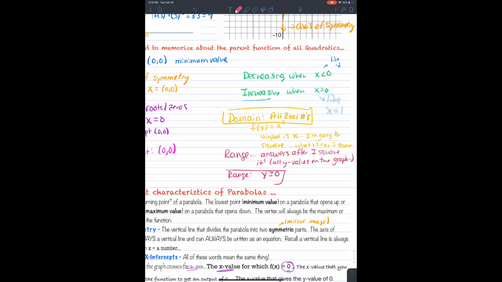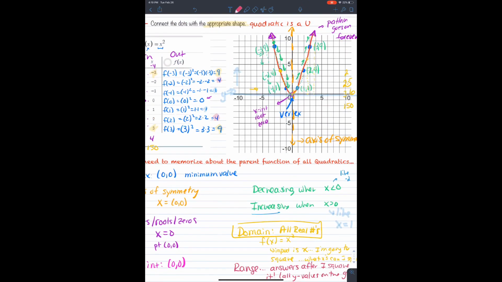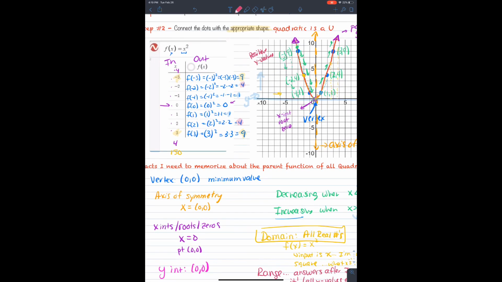Now, how could I think about that from the equation itself? Well, if I can put in any x, when I square a number, it always has to come out positive, right? Negative times negative will be a positive. A positive times a positive will still be a positive. That's why our graph is always in the positive y values, because no matter what type of x I put into it, whether it be a negative number or a positive number, when I square it, the negative and the negative make a positive, or the positive and the positive make a positive.